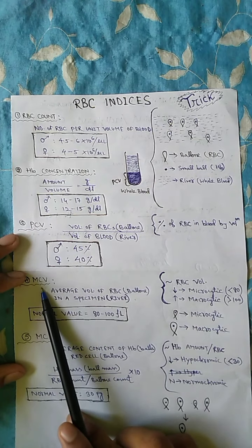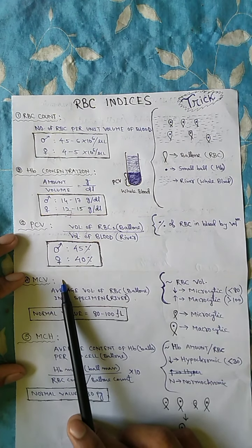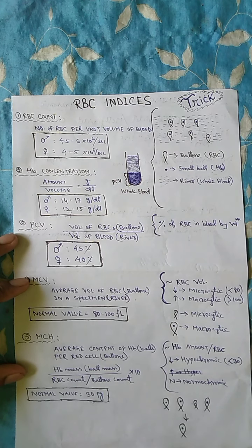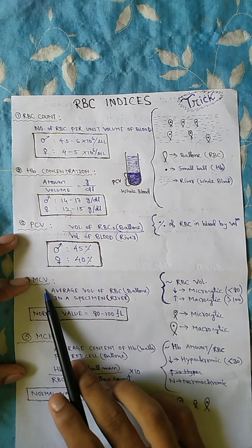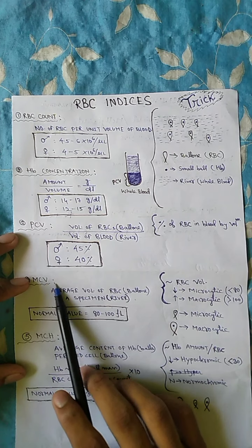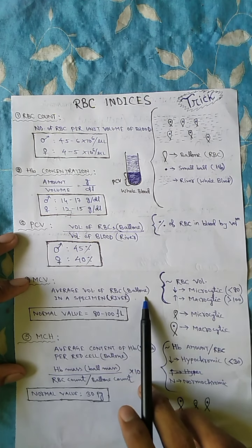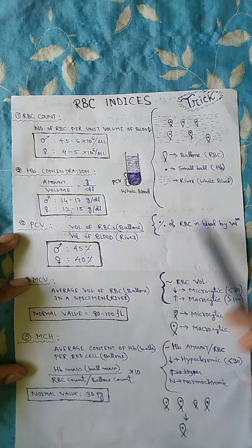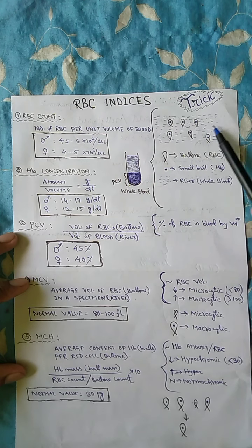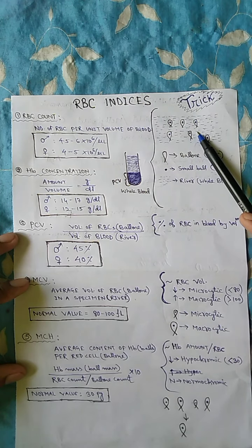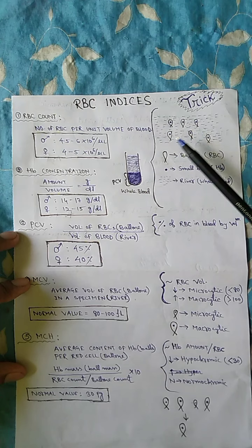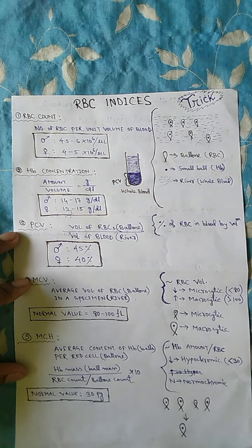That's it. Now MCV, mean corpuscular volume. The corpuscle means RBC, and the average volume of RBC will be our mean corpuscular volume, and we can compare it with our balloons. There is a variable size of balloons and also a variable amount of hemoglobin. So the mean volume of a balloon will be the mean corpuscular volume.